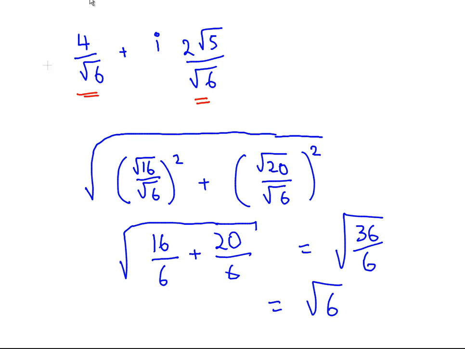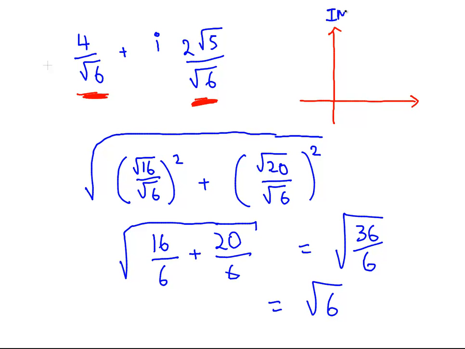The argument of z equals a plus ib is as follows. Now, just recall from the last case that they are both positive numbers. On the Argand diagram, they are in the first quadrant, so you don't have to do any special operations to find the argument.